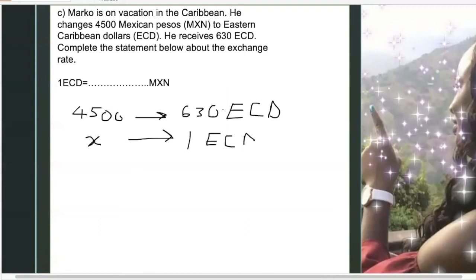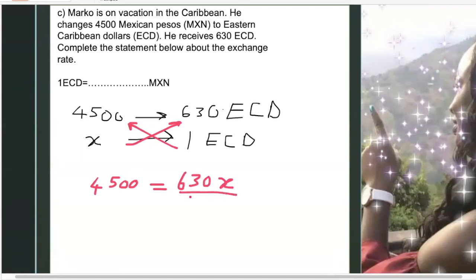That's what you want to know. So what we can do, we can cross multiply. So we say 4,500 times 1, that gives me 4,500, is equal to x times 630, that gives me 630x.